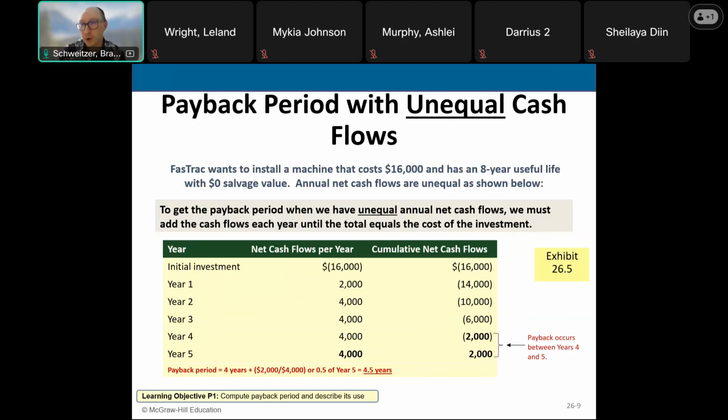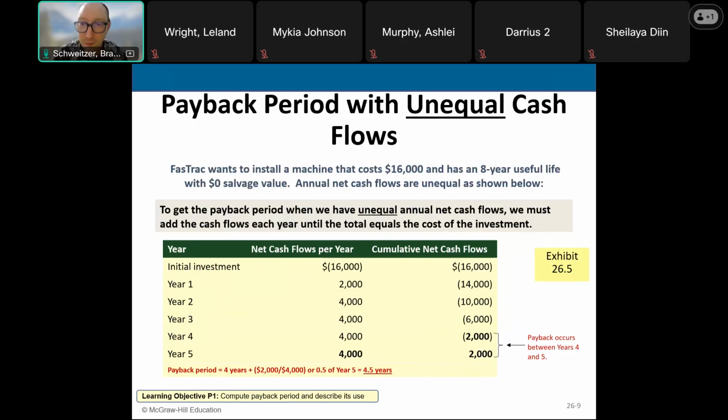It can get way more complicated than this. This example is actually pretty simple, but this is how you would calculate it. The reason why I said it could get more complicated is because the net cash flows probably vary a lot more. It's not going to be 4,000 for a period of 4 years. It might be like 2,000, 6,000, 1,000, blah, blah, blah, right?